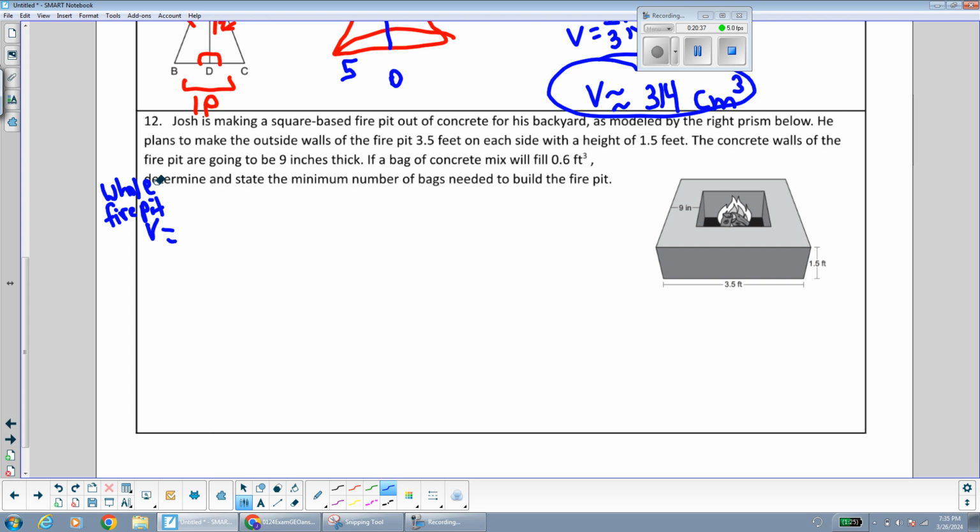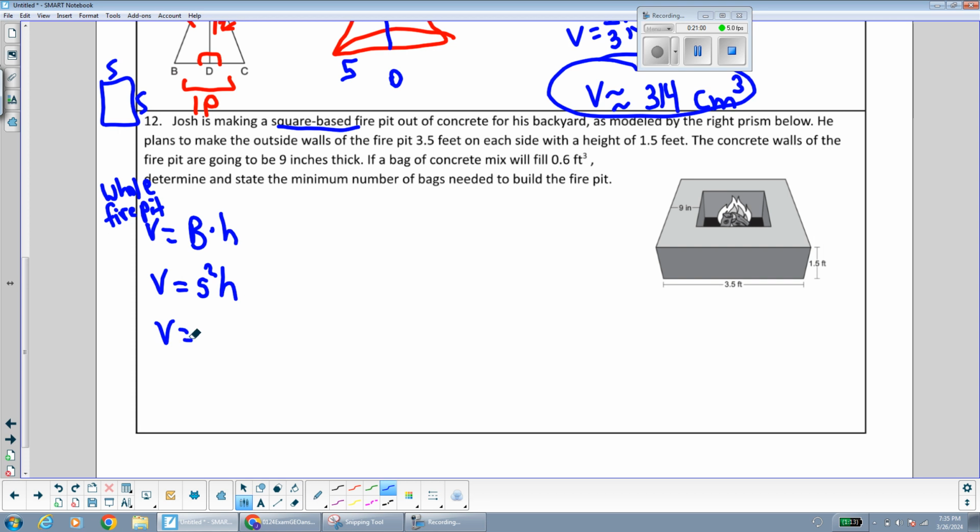So we can think of volume of any shape as area of the base times the height. Since this is a square-based fire pit, squares have equal sides, and we find the area by doing side times side. So that's side squared, whatever the side of the base is, times the height of the entire fire pit.